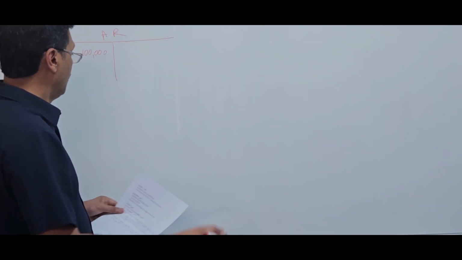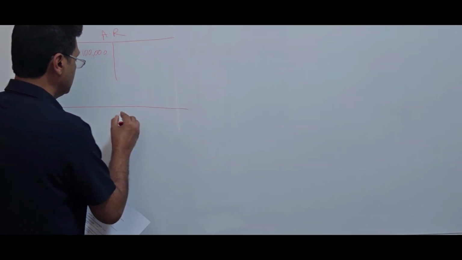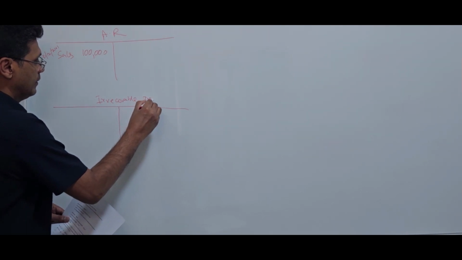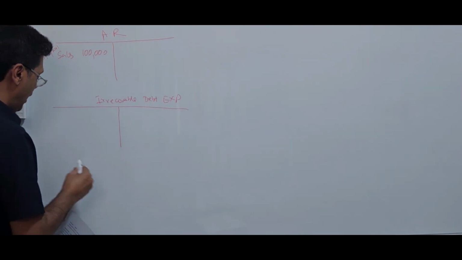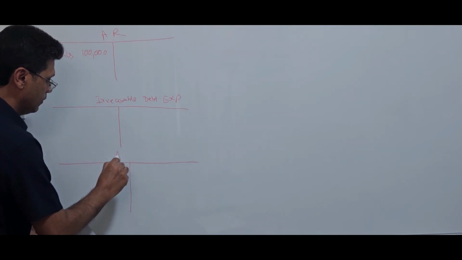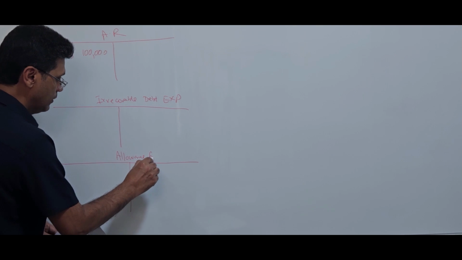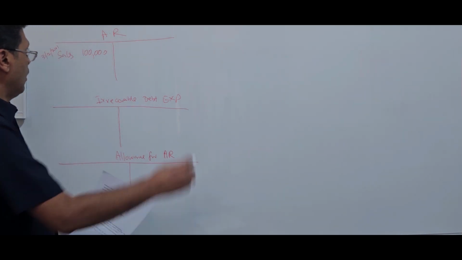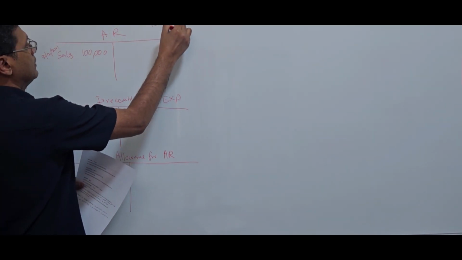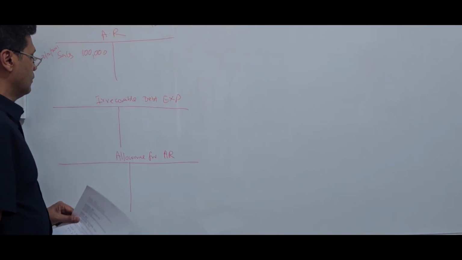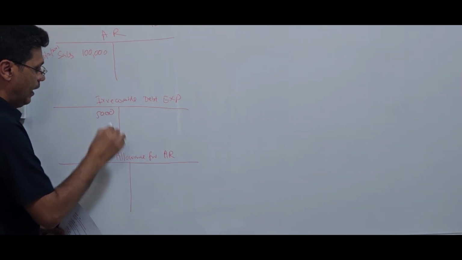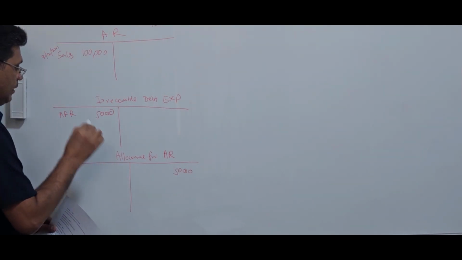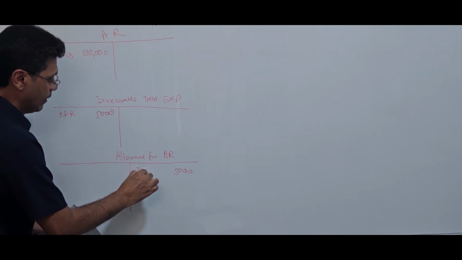So just open up two accounts: irrecoverable debt expense account and allowance for accounts receivable. 100,000 times 5% is 5,000, right? So you debit 5,000 here and credit 5,000. This is allowance for receivable and this is irrecoverable debt expenses.